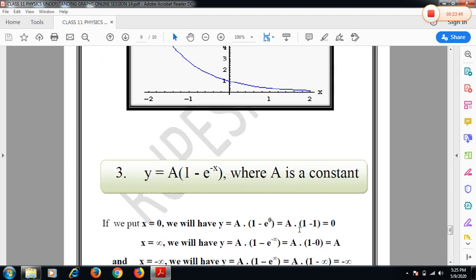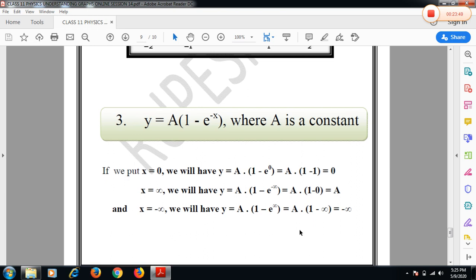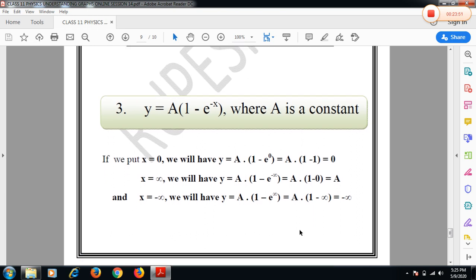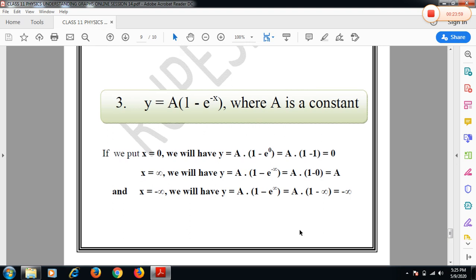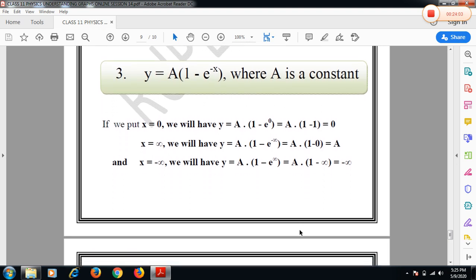Let us move to the last crucial point of this session, that is the form y equals a into 1 minus e to the power minus x, where a is a constant. If we put x equals 0, we will have y equals a into 1 minus e to the power 0, that is a into 1 minus 1 equals 0.